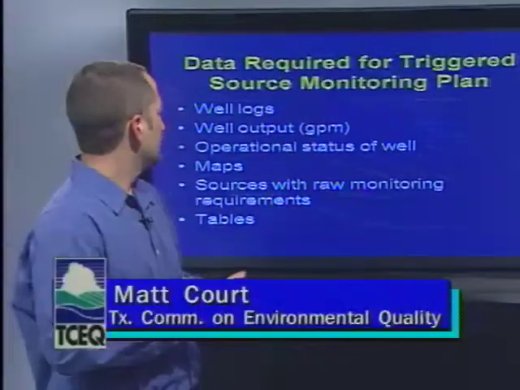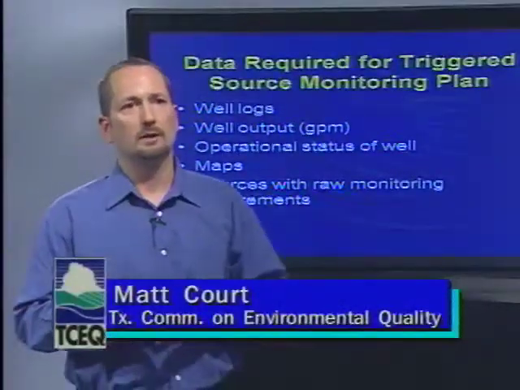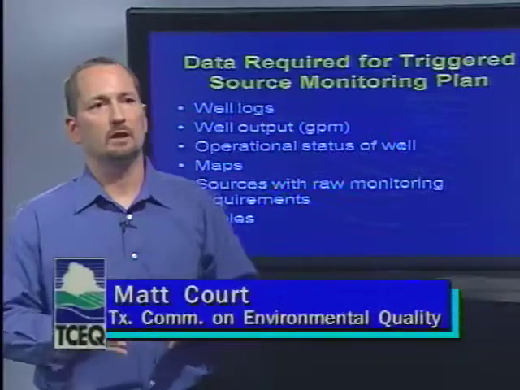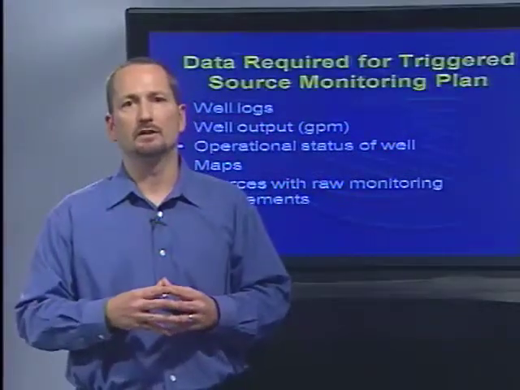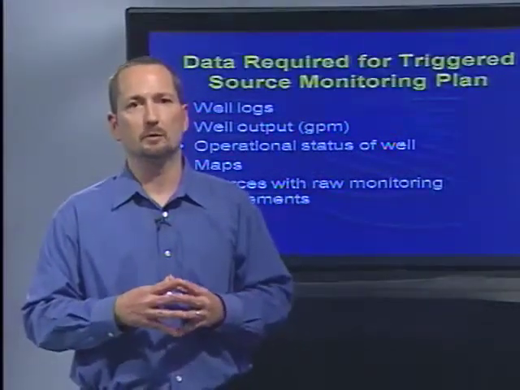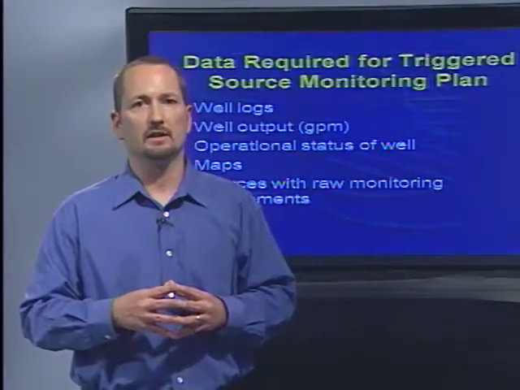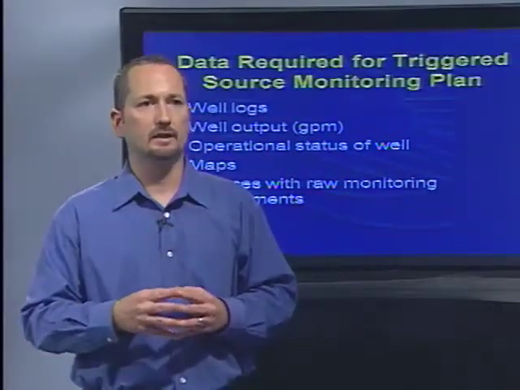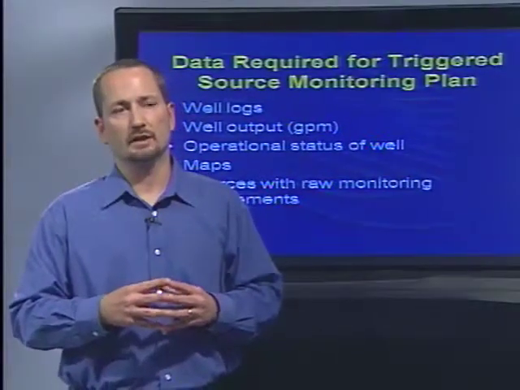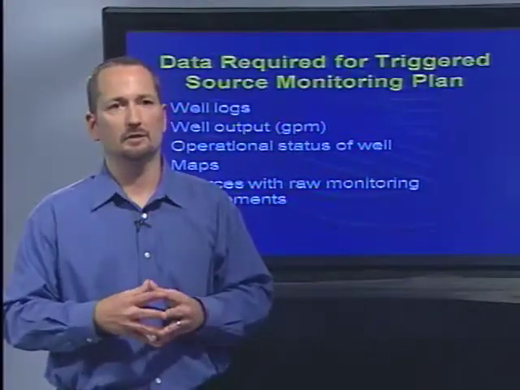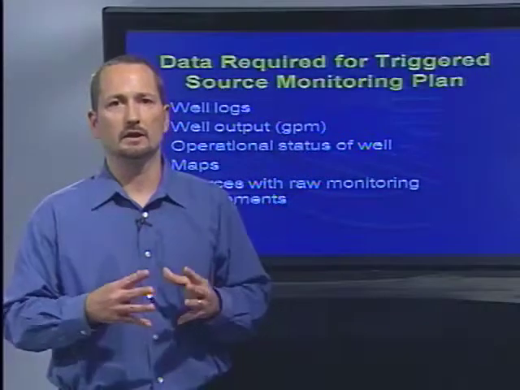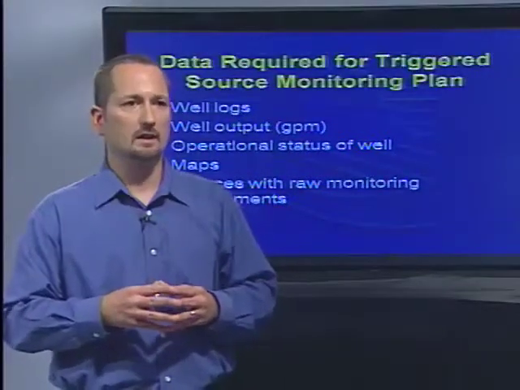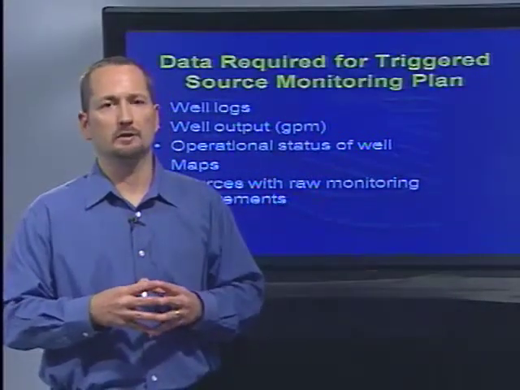So to summarize some of the data we're looking for in triggered source monitoring plans, we've got well logs. Sean Abels earlier mentioned the importance of well logs, and they contain all your well construction data, geological data, and things like that we can compare and contrast between wells to determine if they truly are representative of each other. Well output is important, as I mentioned before.